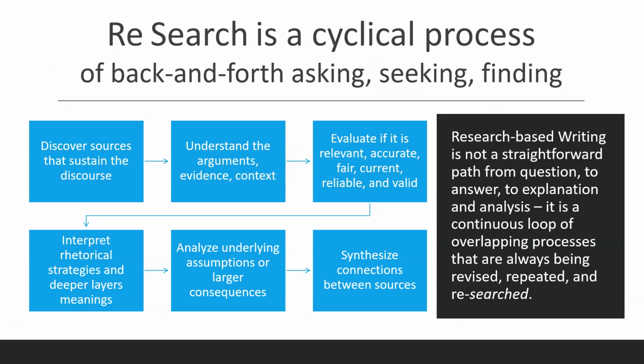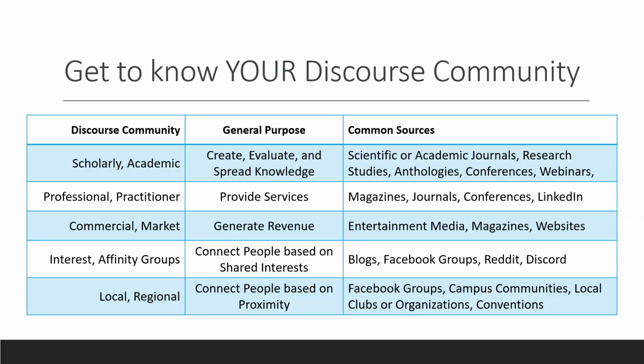If we go back to this slide with all the different types of sources, types of communities, and their purpose, arranging it into a chart can be misleading because it gives the sense that all of these things are separate, mutually exclusive. But even within this, there is overlap. You can have a discourse community that is both practitioner and commercial.